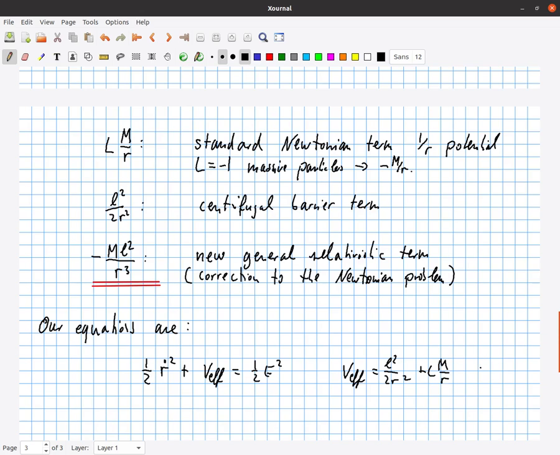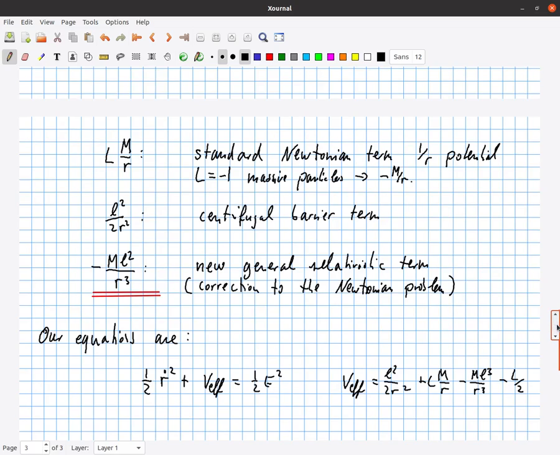Then we have the interesting term, m L squared over r cubed, and our constant term, which is not the interesting one.